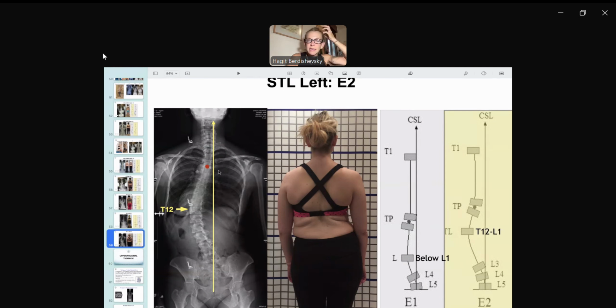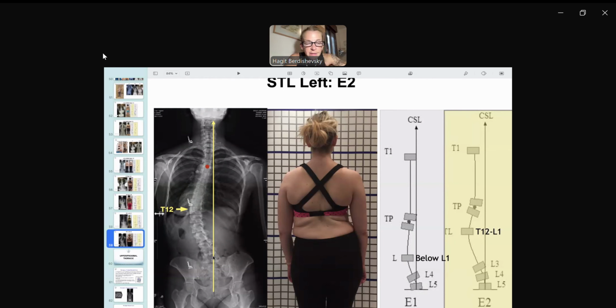And look, the interesting thing here is that the transitional point, always, guys, in a single, generally, the transitional point that helps us to classify curve types is between the main thoracic region and the lumbar region. There could be other transitional points between curves, but for curve type, I want only this one between the thoracic region and the lumbar region.